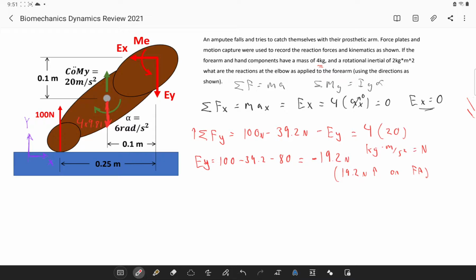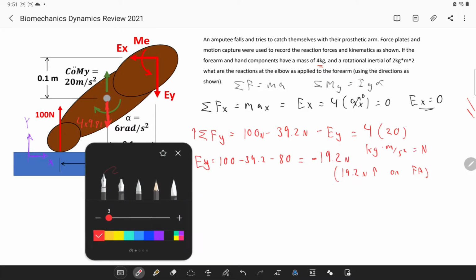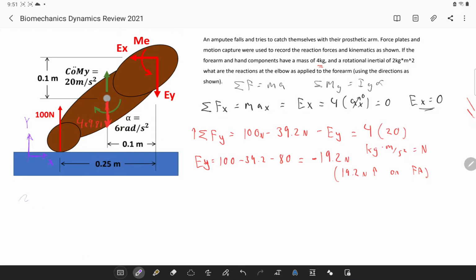So if we do summation of moments, I'm going to switch to a different color just to keep this a little bit easier to see. Summation of moments about the center of gravity equals our IG alpha. So our first force here, we have 100.